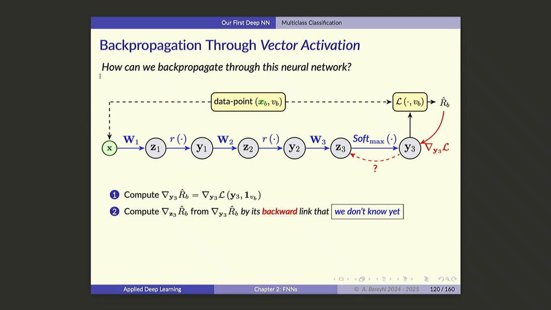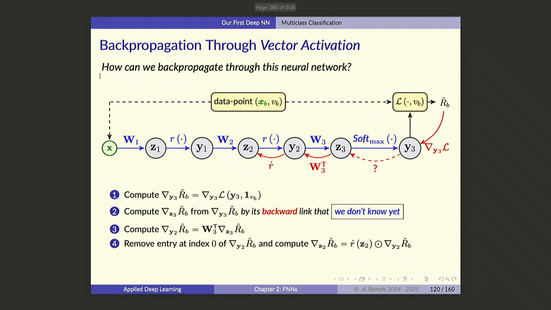We don't know it yet. We're going to learn it in a few minutes. After that, you just need to move backward to this layer, and basically we have done it. Again, this is going to be the transpose of the matrix. We need to move backward from y2 to z2. Can we do that? Look at it here. Yes, this is an entry-wise operation. We talked about this before, so we can do it. We need to move from z2 to y1. Again, we can do it as a linear operation.